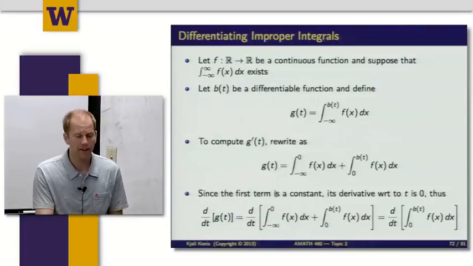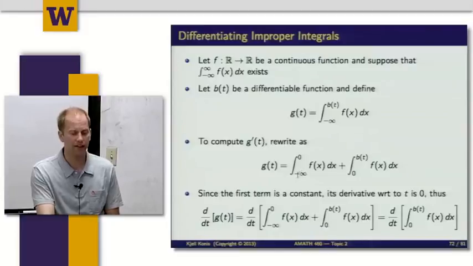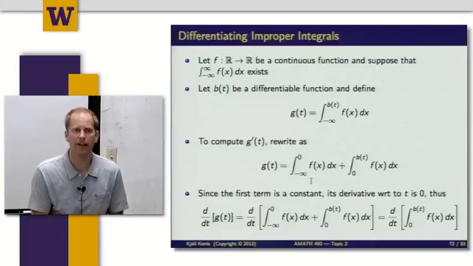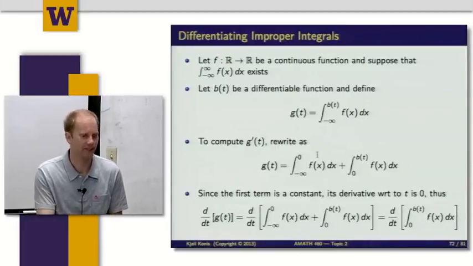If I look at this closely now, the first term is an improper integral, the integral from minus infinity up to 0. But there's no t in this first term. So as far as I'm concerned, when I'm taking a derivative with respect to the variable t, this is a constant.